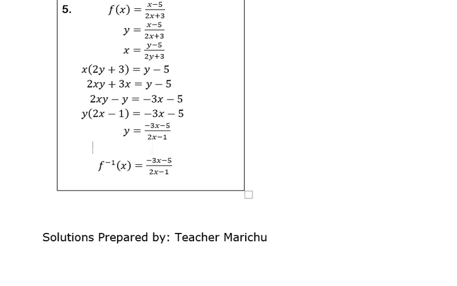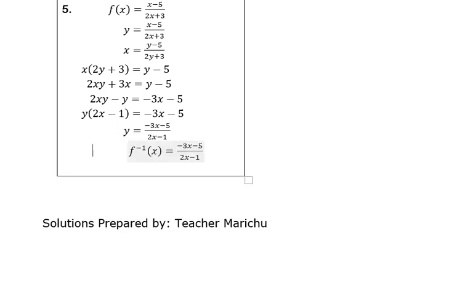Finally, we have f inverse of x equals negative 3x minus 5 all over 2x minus 1.